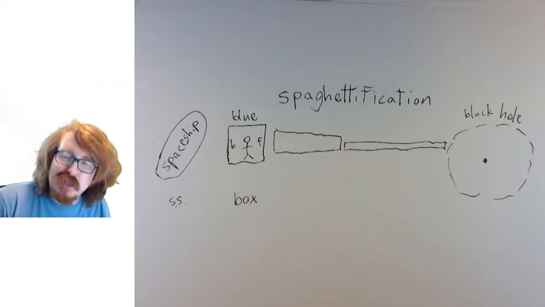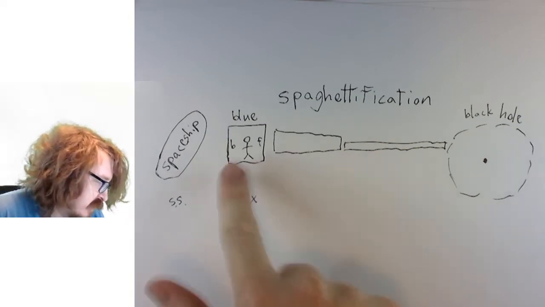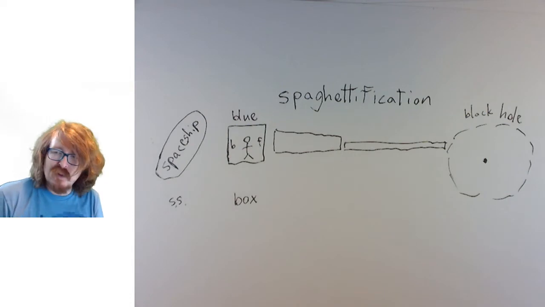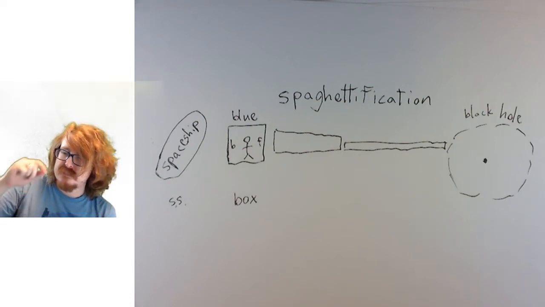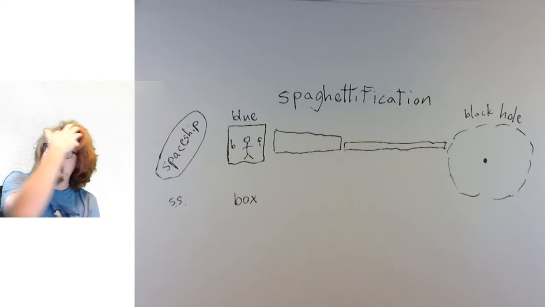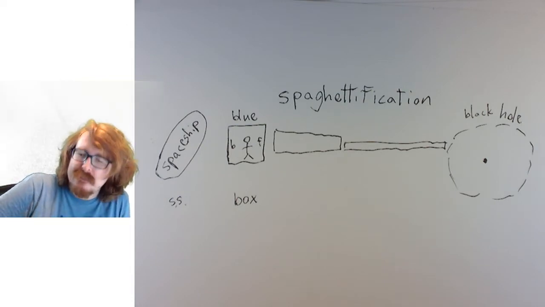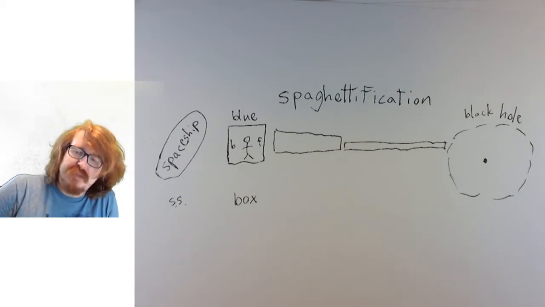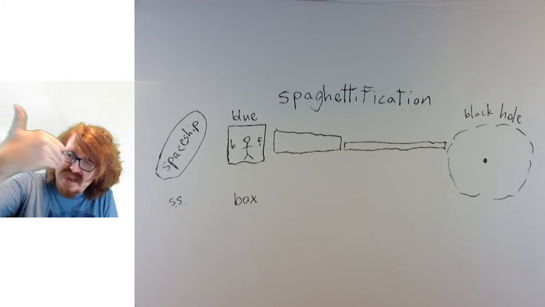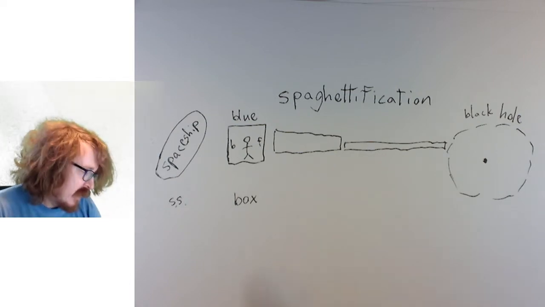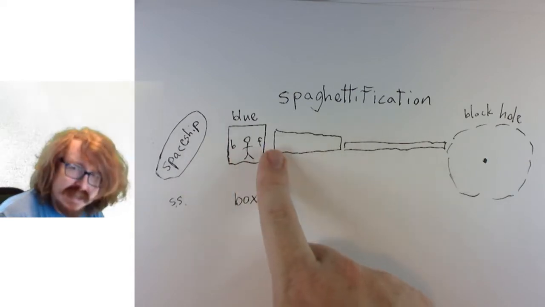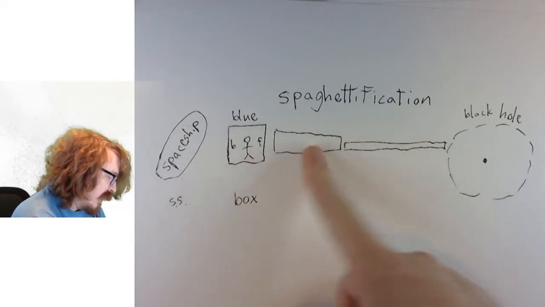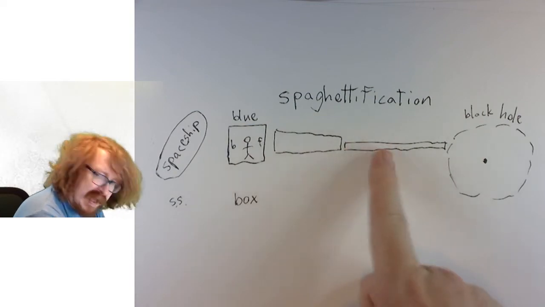What's going to happen to the color of the box as it goes towards the black hole? It'll actually go through the whole rainbow in the red direction. It starts off blue, eventually it'll turn green, and then yellow, and then orange, and then red.